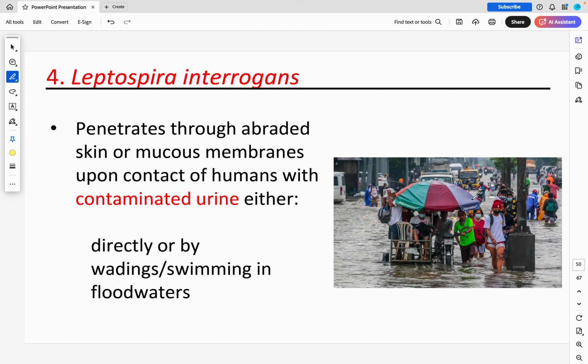That's why during the rainy season, it's part of the health advice from health agencies that people should avoid wading or swimming in flood waters, as the non-human carriers may carry the pathogen in their body and secrete the pathogen through their urine.